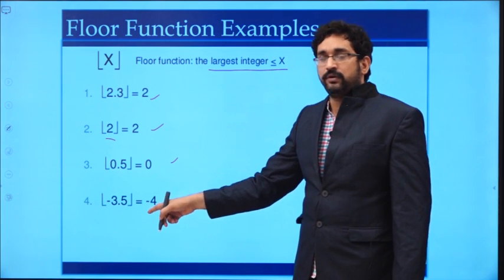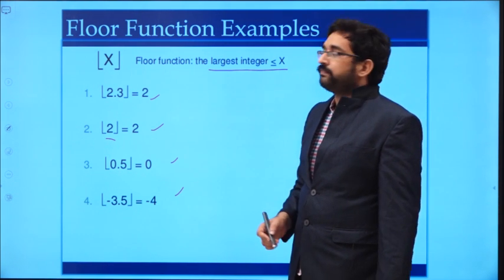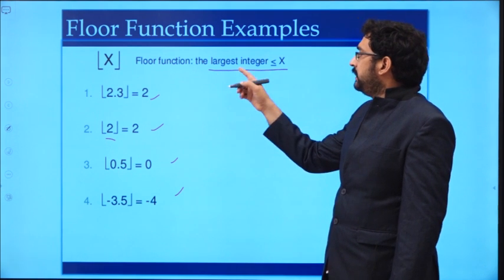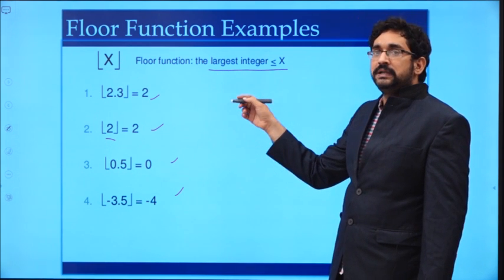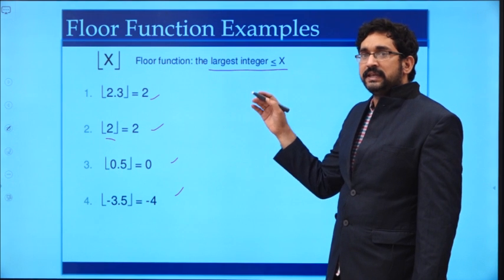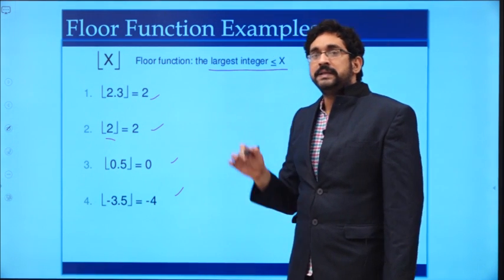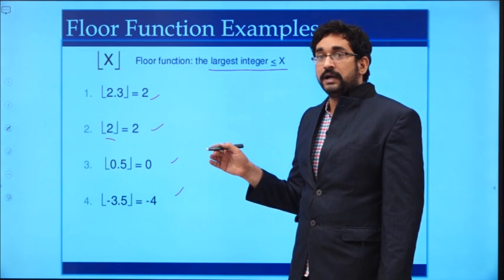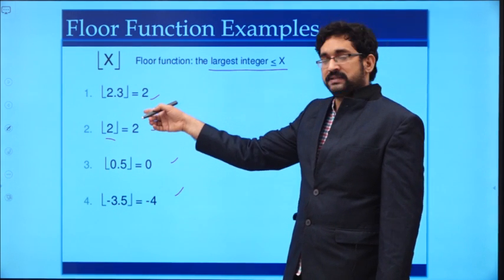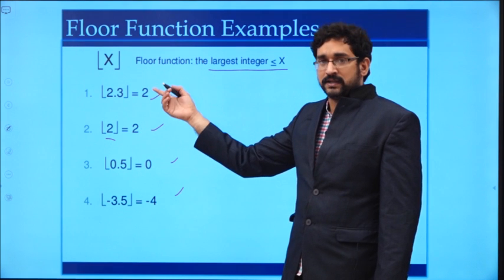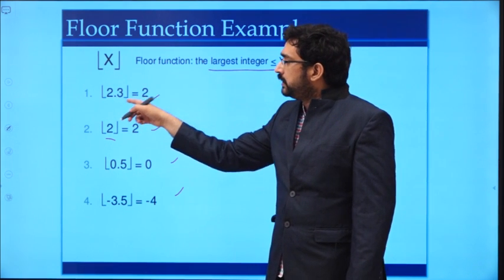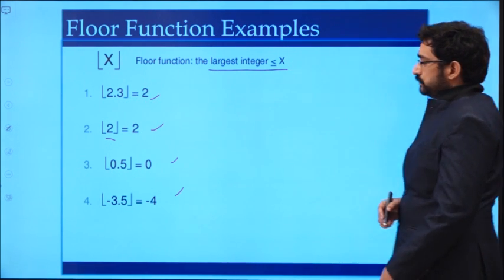Floor of minus 3.5 is minus 4. In that way, the floor function assigns the largest integer among the numbers which are less than or equal to that number.